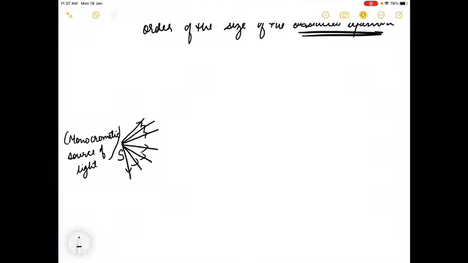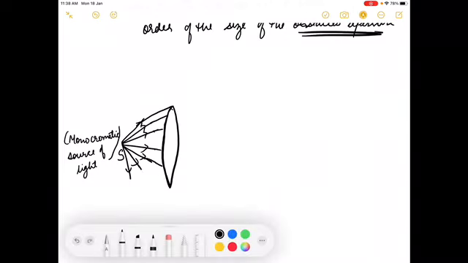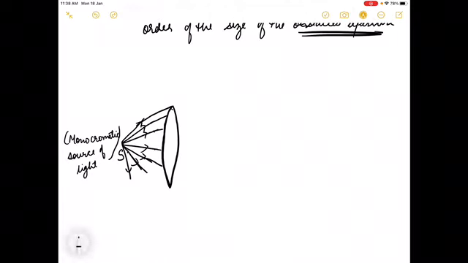So basically what we will do in the experimental setup, right? This is the Fraunhofer experimental setup, right? So in this experimental setup we put a convex lens here, right? All the light will strike this convex lens, right? Let me just draw it like that, right?